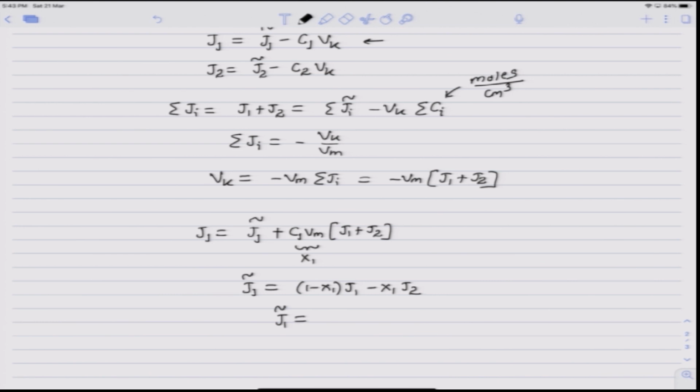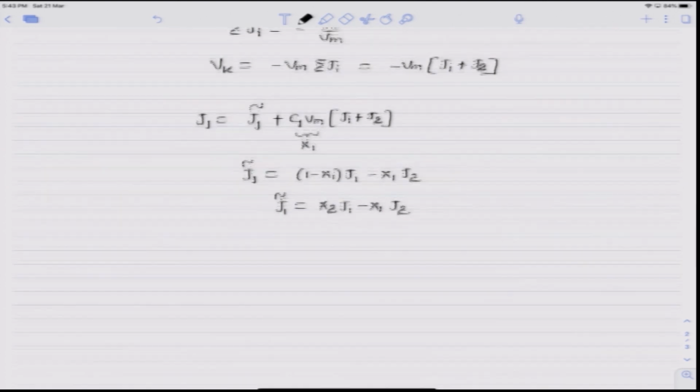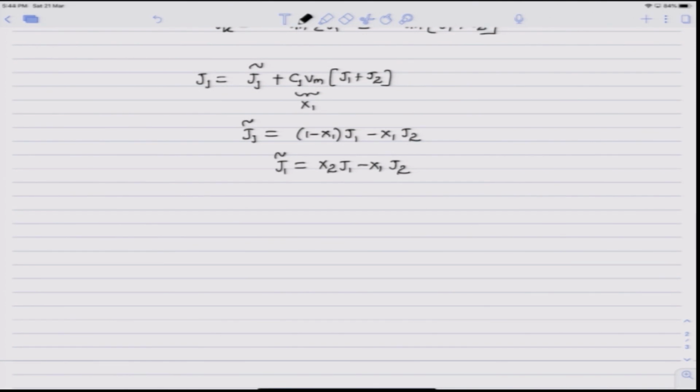So the interdiffusion flux can be expressed in terms of intrinsic fluxes of the two components as x2 J1 minus x1 J2. Now if we substitute for fluxes in terms of Fick's law, we get minus D tilde dou C1 by dou x is equal to minus x2 times D1 dou C1 by dou x plus x1 D2 dou C2 by dou x.